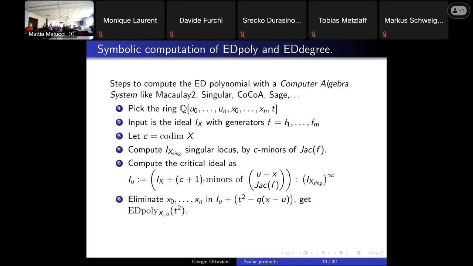And this is the expensive part, and usually it's not feasible. So if you take your favorite variety in many variables, you maybe compute up to here and then you go out of memory, just as a warning. But luckily in small cases, for example for curves in three-dimensional space, this works perfectly and can give you all the equations.